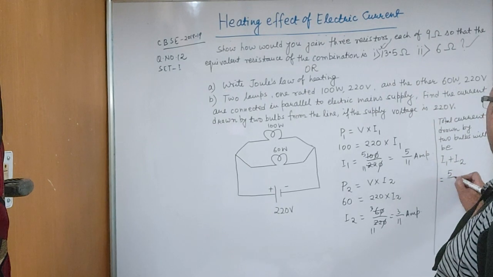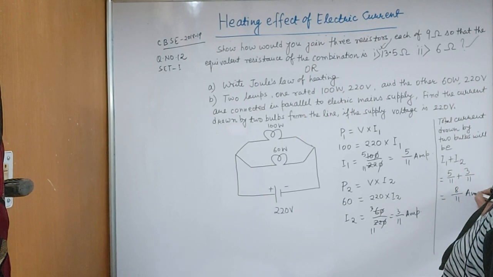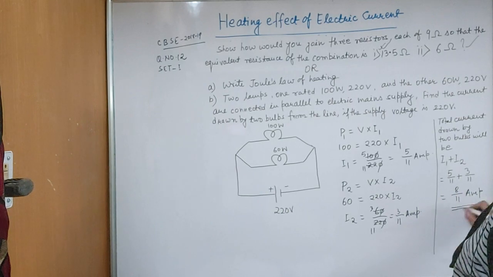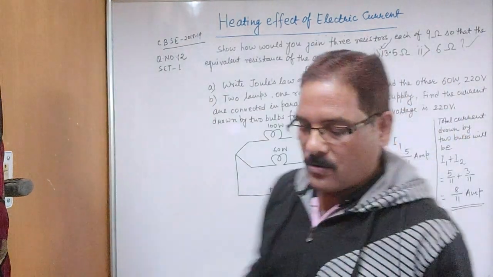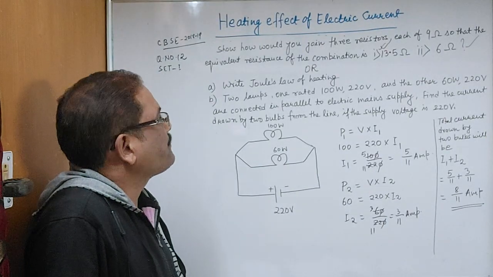I1 is 5 by 11, I2 is 3 by 11. So it will be 8 by 11 ampere. So this much total current is flowing through the two bulbs.